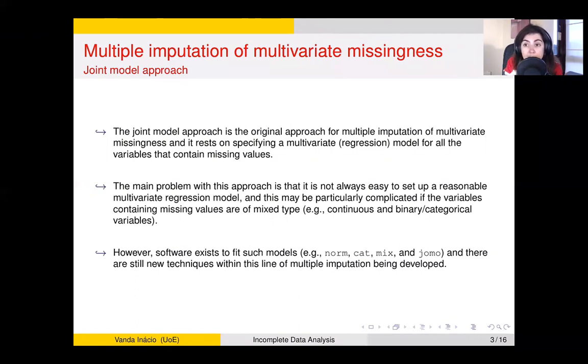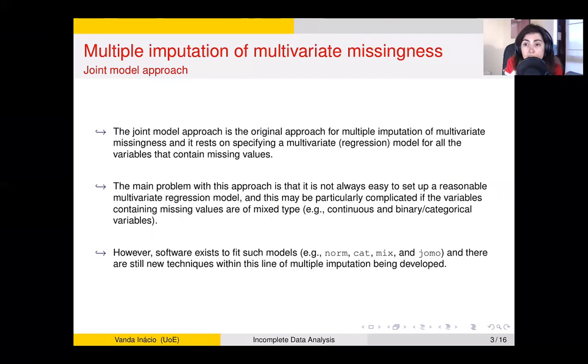And what it does is it specifies a multivariate regression model for all the variables that have missing values, and the covariates in that regression model are the fully observed variables in our dataset, or other auxiliary variables that we might want to include for some reason, for instance, to make the missing at random assumption more plausible. But basically, that's what the joint model imputation approach does.